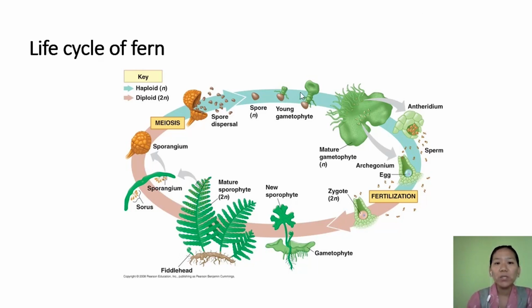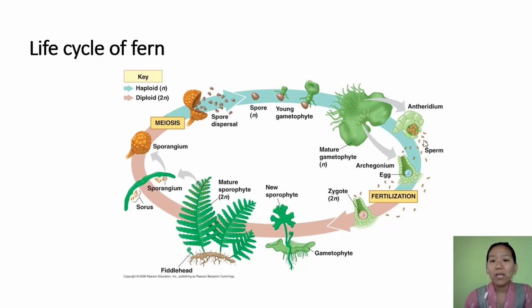So these spores germinate to form a structure called prothallus. And this prothallus, or we can say gametophyte, produces gametes. Female gametes and male gametes. The male sex organ is antheridium, the female sex organ is archegonium, and the male gamete produces sperms here, the female produces egg.